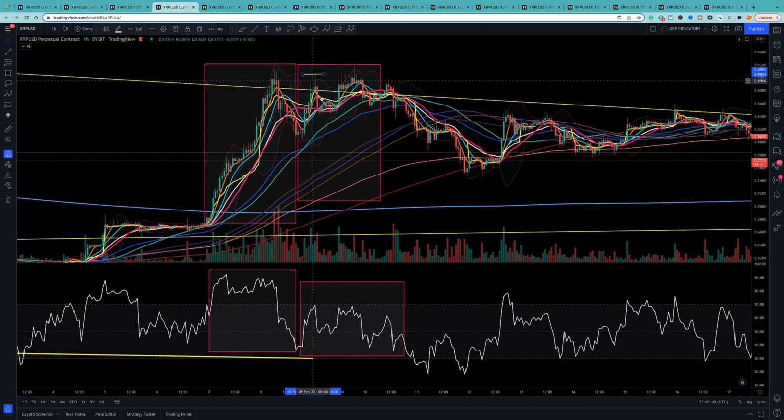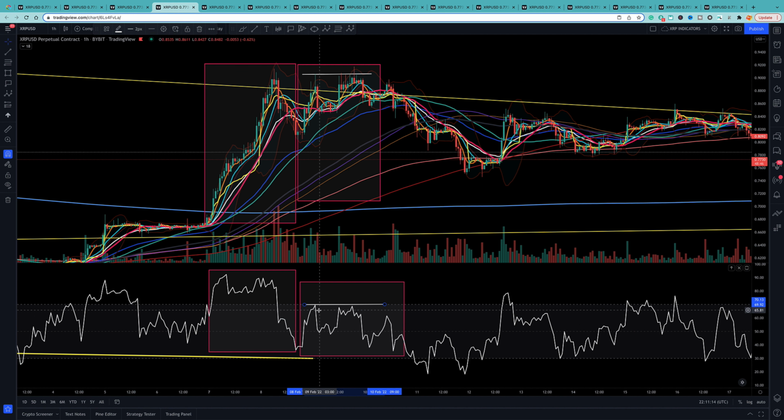Drops back down. And again, price action pushes up. So now price action is breaking this high, but it doesn't in the RSI. So now you can even see bearish divergence on the 1 hour here.